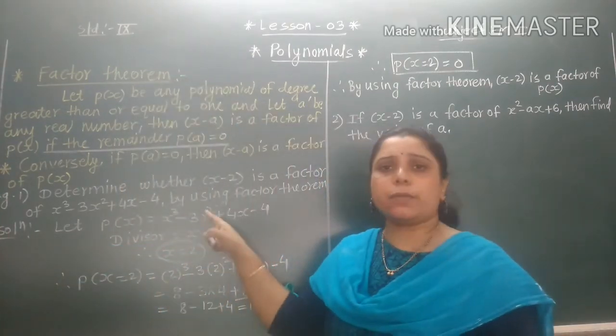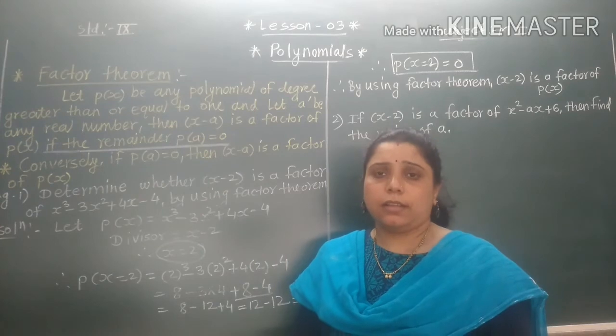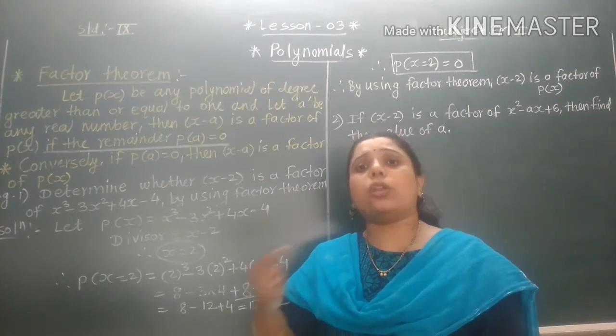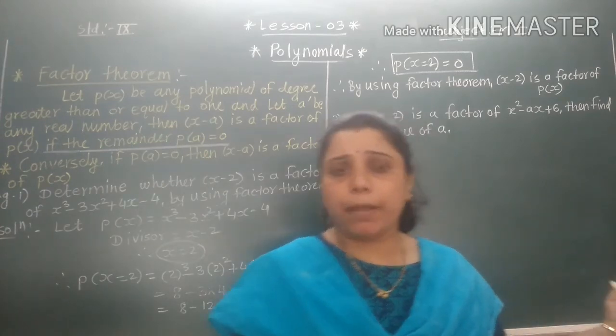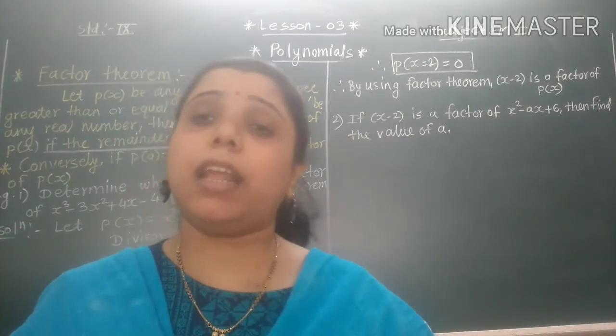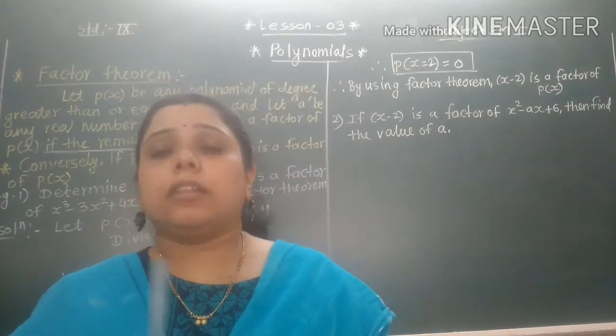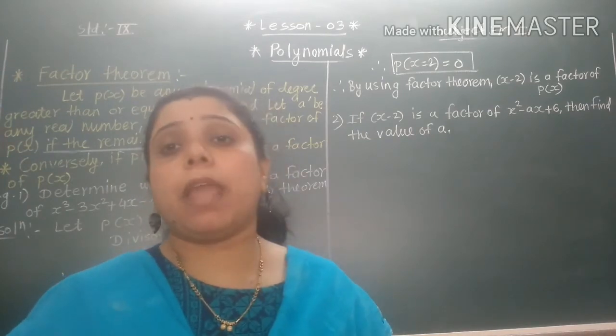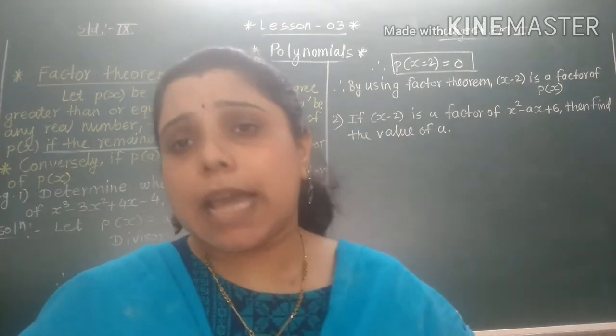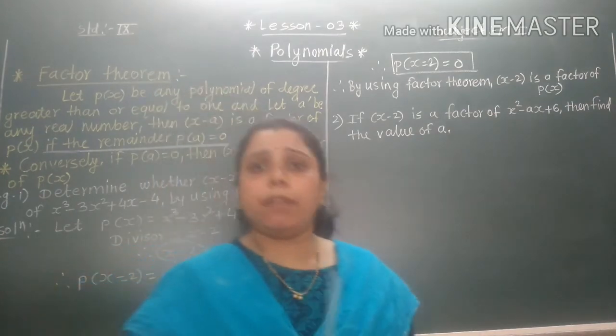In the first question you have to decide whether it is a factor or not. In the second example, they directly told you it is a factor. So this statement will be helpful for solving the example. How will it be helpful?